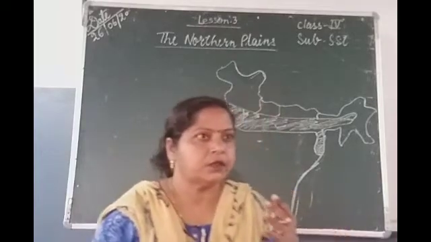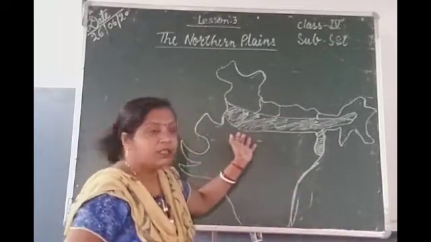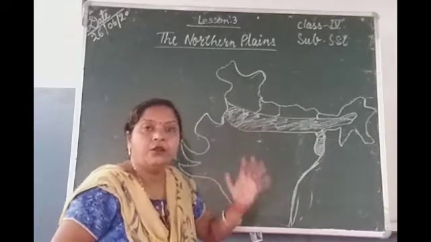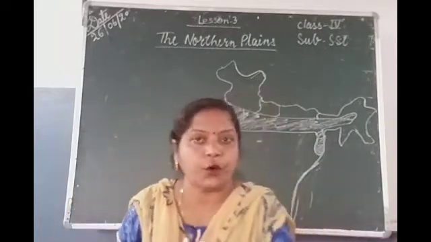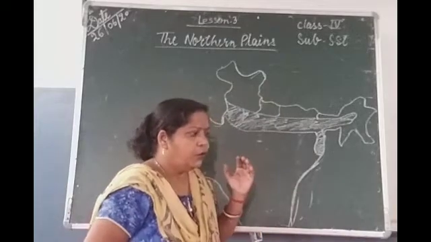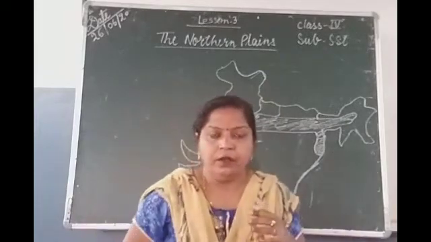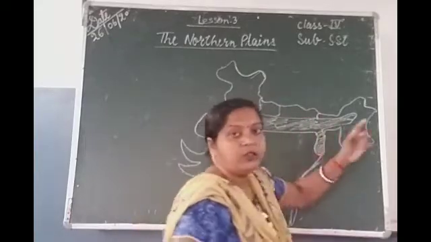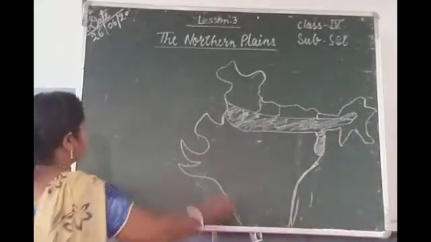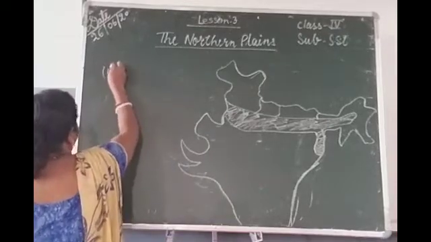So this soil is alluvial soil. Which type of soil? These are alluvial soil. This alluvial soil is very good for crops, and due to the sufficient water, this whole plain is divided into 3 basins. So the northern plain is divided into 3 basins.